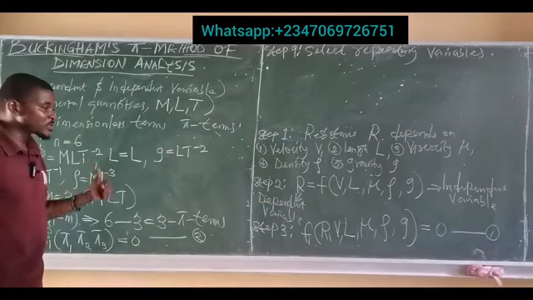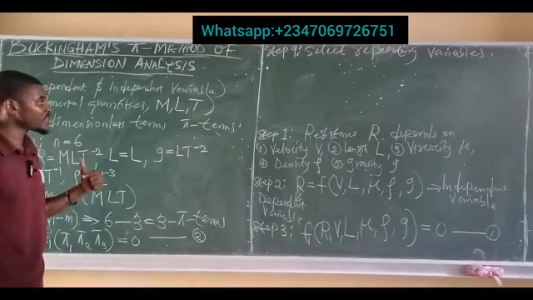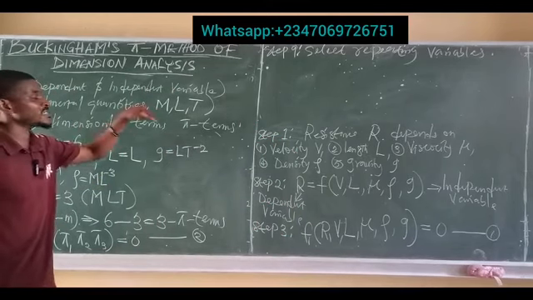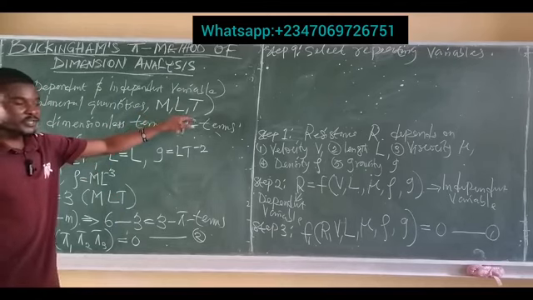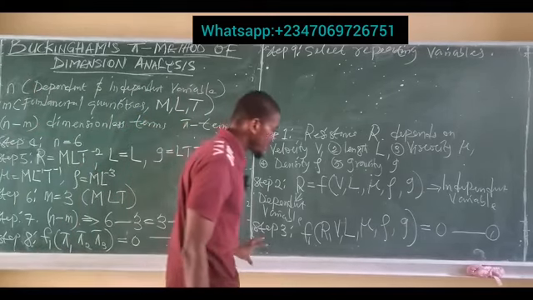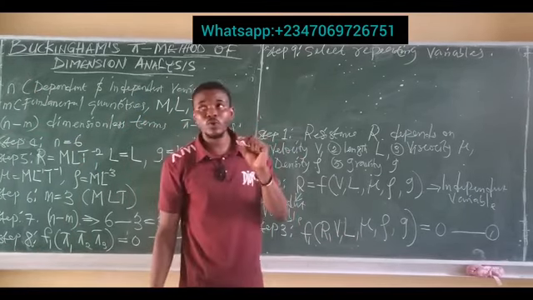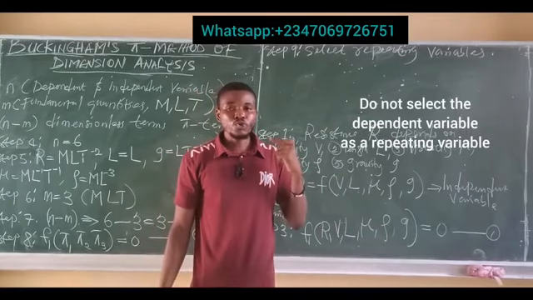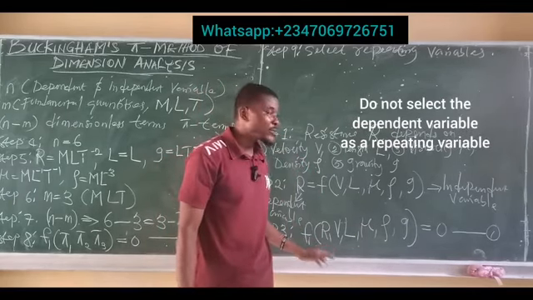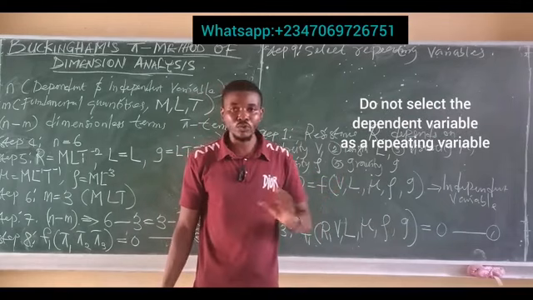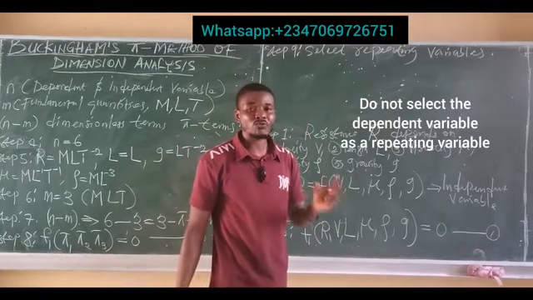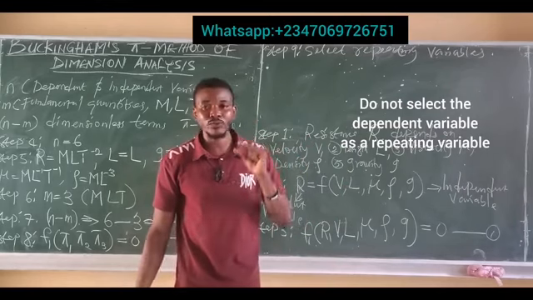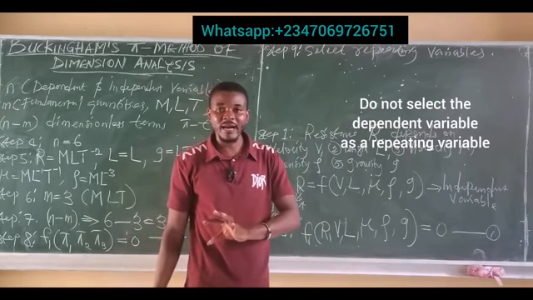So these 3 repeating variables must contain MLT in them. So let's look to the equation now. This is the equation. And also, another thing to note is, do not select the dependent variable as a repeating variable. Do not. So it is only the other 5, the independent variables, that we are going to select our repeating variables from. Okay, so keep that in mind as well.